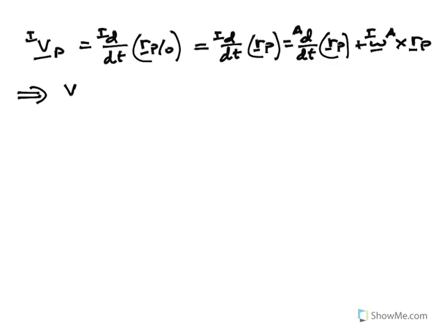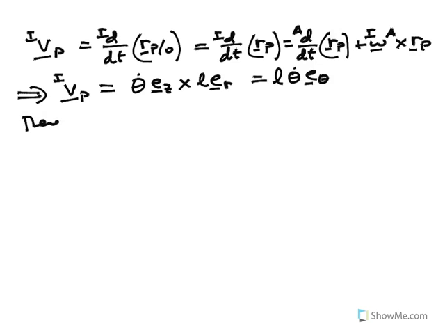So this gives that the velocity of P in I is equal to, well, the first term is 0 because L is constant and ER is fixed in the arm. So this gives theta dot EZ crossed with L ER, which is equal to L theta dot E theta.